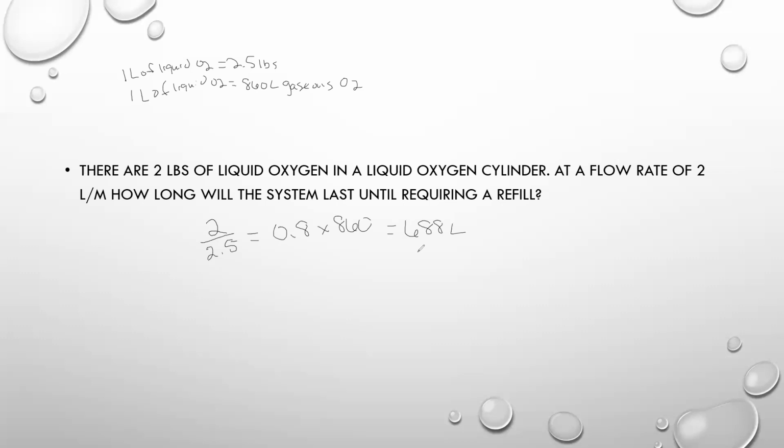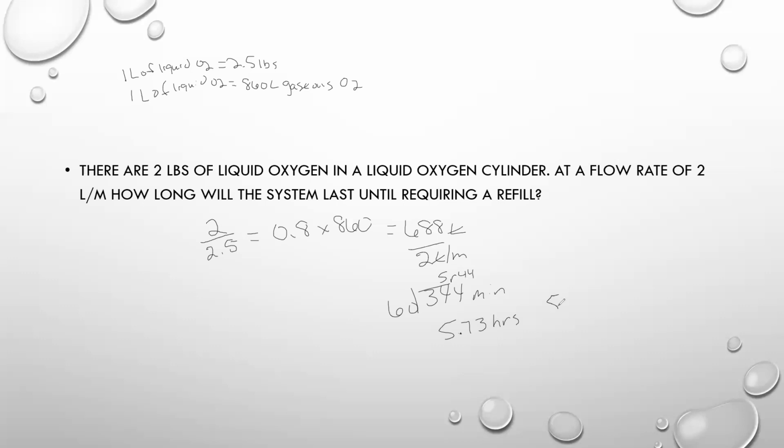liters. Then you divide that by 2 liters per minute. When you do that, the liters are going to cancel, leaving you with minutes. So this is 344 minutes. Divide that by 60, and that gives you 5.73 hours. If you did this, 5 hours would be 300, and that leaves you the remainder of 44.